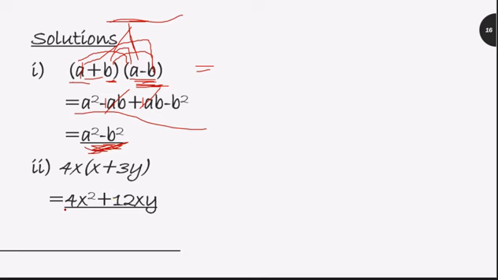Let's go to factorization. Factorize completely the following algebraic expressions. Now here, factorizing, you have a 12.